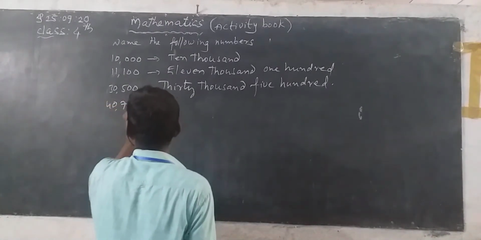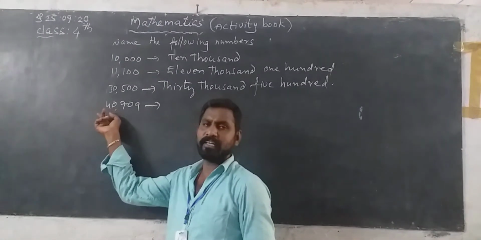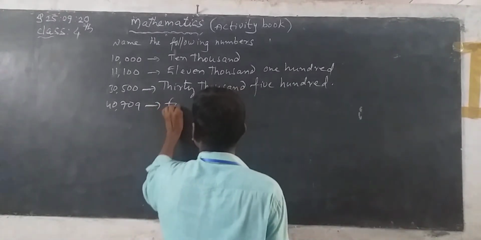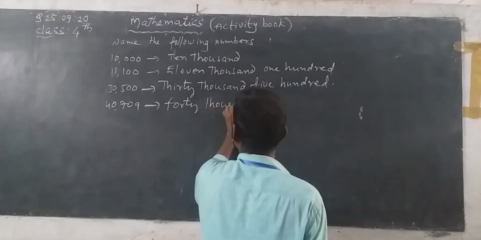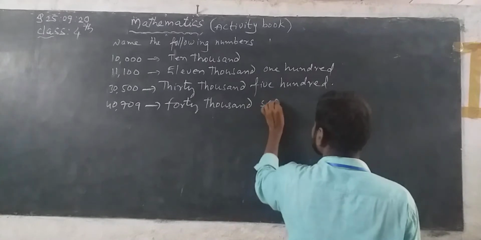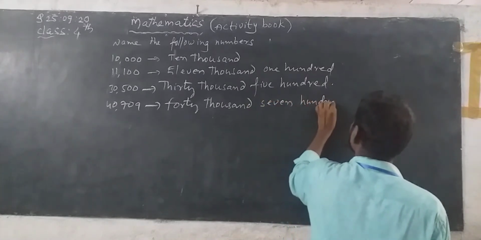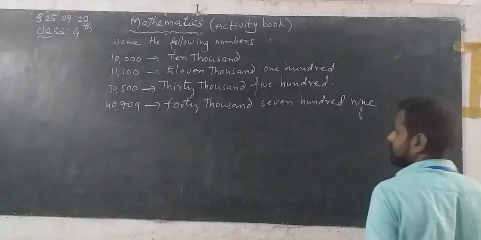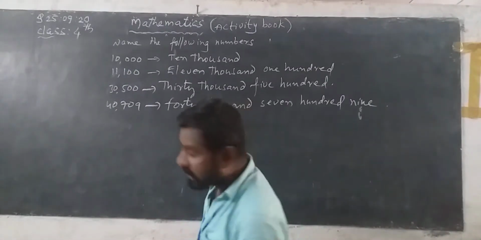Listen carefully. This is the ones period, this is the thousands period. 40,709. Write down everybody. 40,000, 709. Next, 26,840.